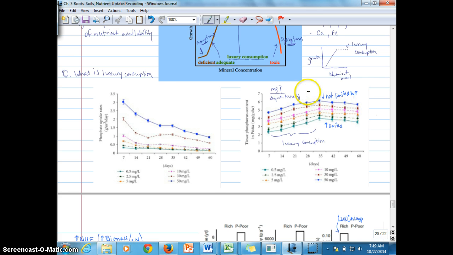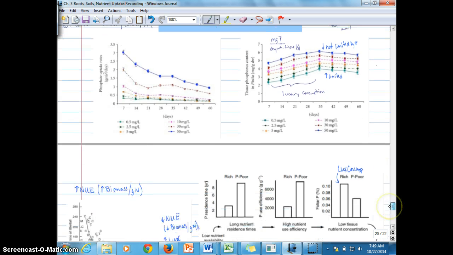This part of the graph lines up with where the uptake rates level out, which flattens the concentrations. But in the beginning, where uptake is higher and we see bigger differences between treatments, we see an overall increase across all of these levels. And so luxury consumption is greatest at the top, compared with down here where the fertilization rate is lower.